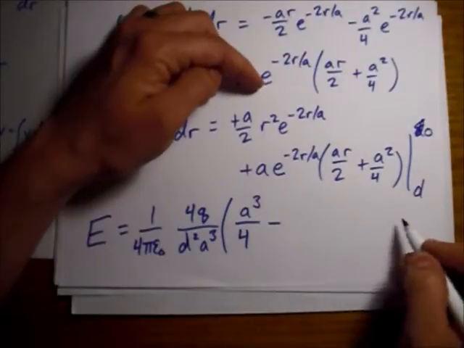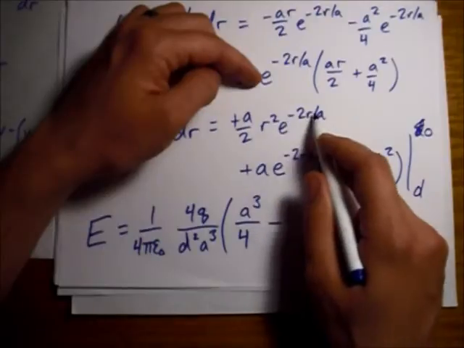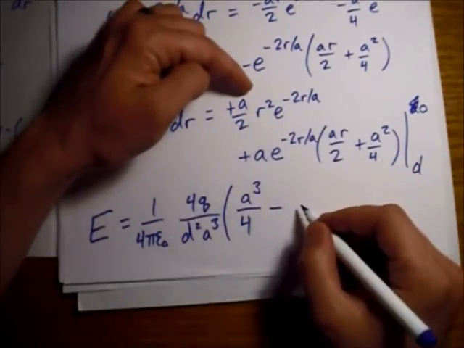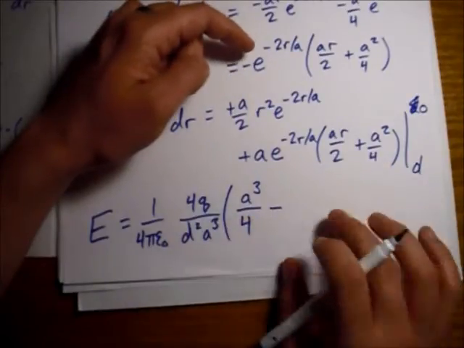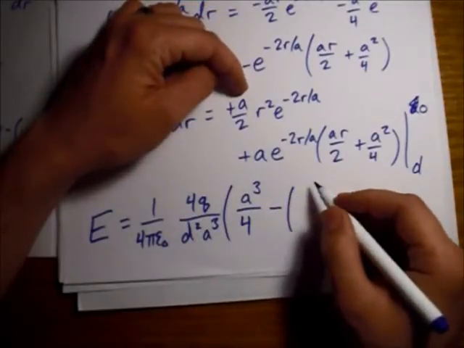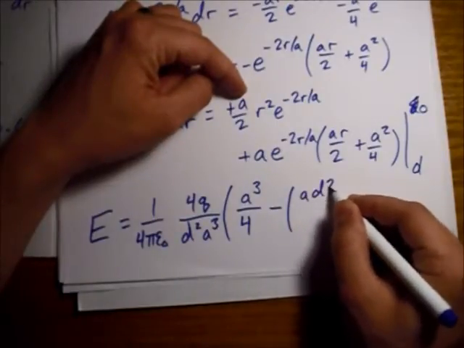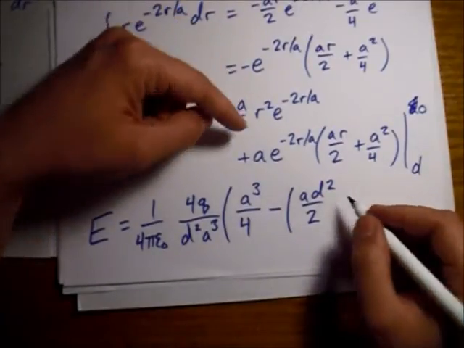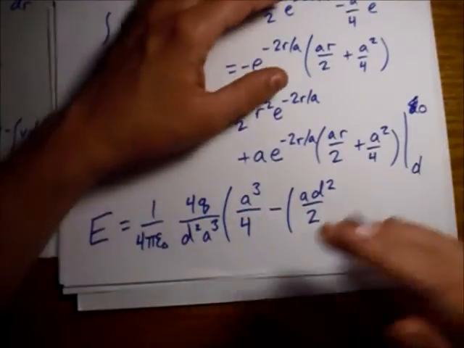I'm going to end up factoring out this e to the minus 2r over a. All right, so I'm going to subtract, let's put this in another set of parentheses. We have an a, and then we have a d squared over 2. And then this minus sign came out, so we still have a plus sign.